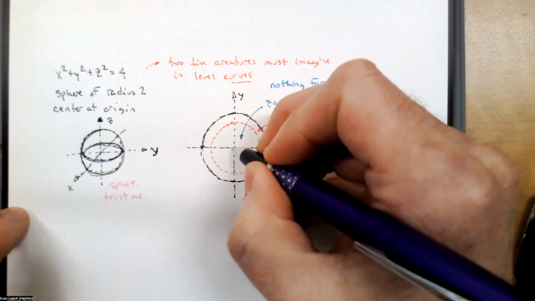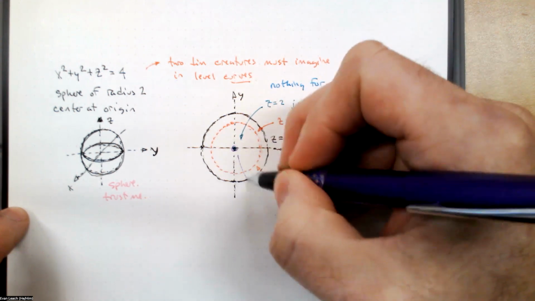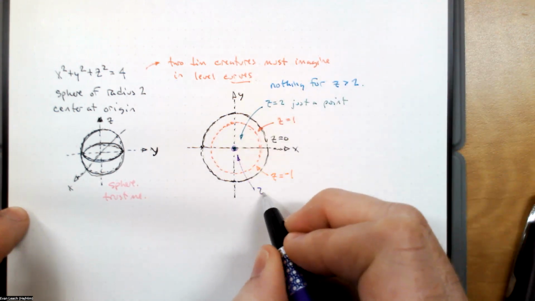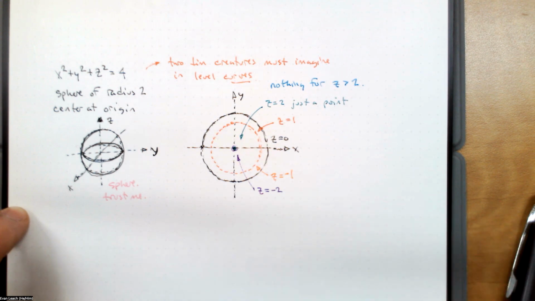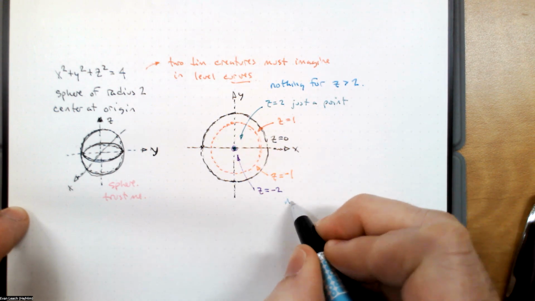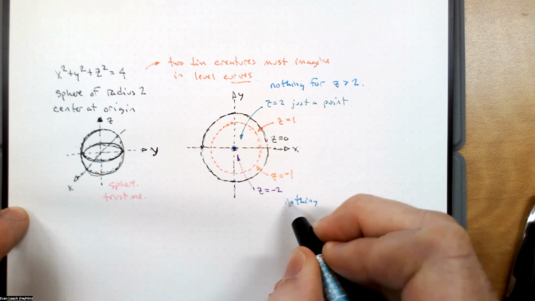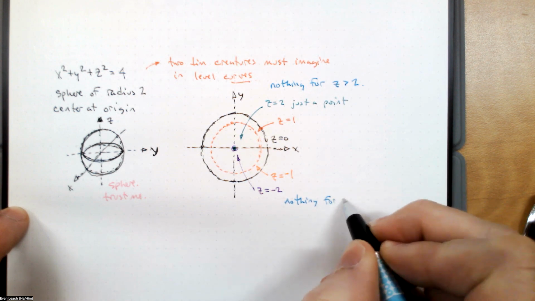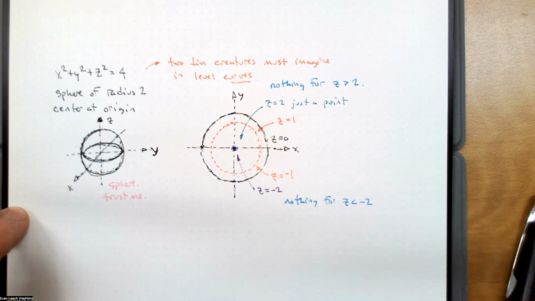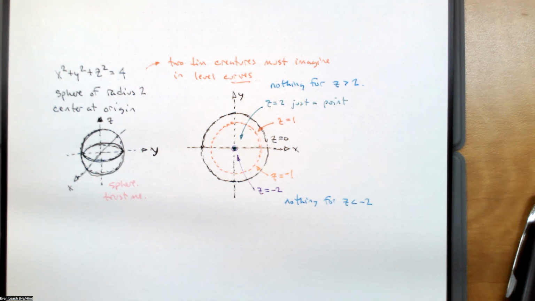This point in the middle is also Z equals -2. And then we see nothing for Z less than -2. So as we move, we just have to picture the Z at different values.